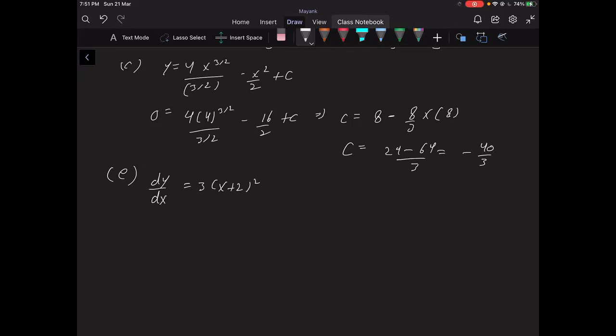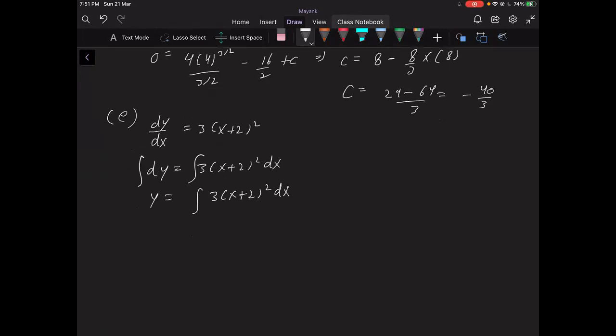So if you were to find y, this integral needs to be evaluated. So the constant goes out and you are left with x plus 2 whole square dx.